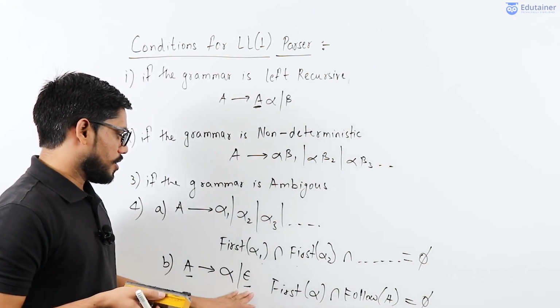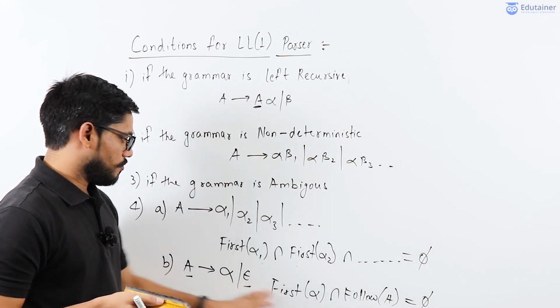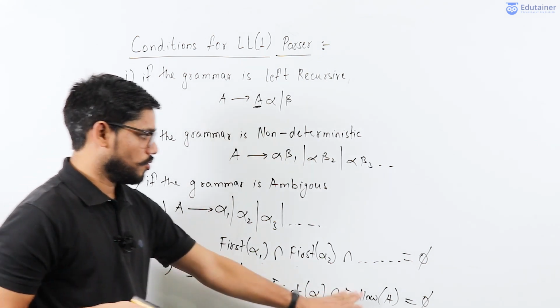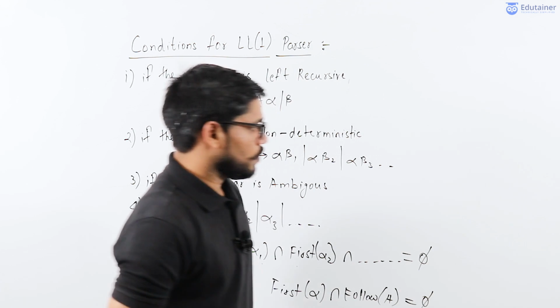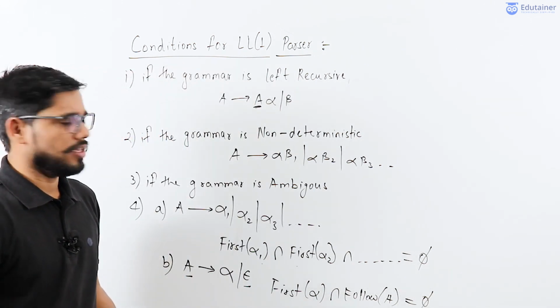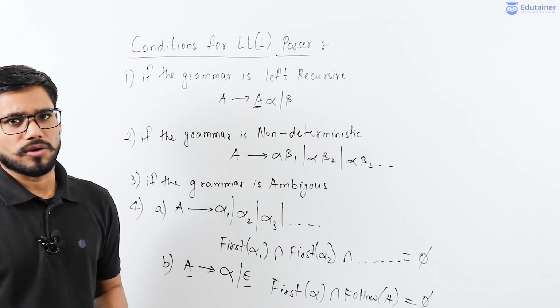And if the grammar contains an epsilon production, then first of such productions and follow of that variable should also be phi. Okay, so let's take some examples where we can check whether a grammar is LL1 or not.